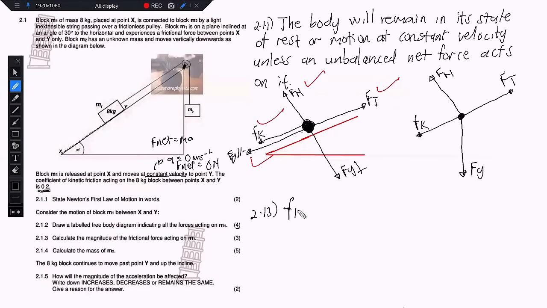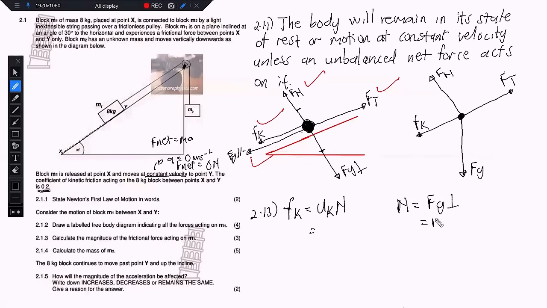So we know the formula is Fk equals mu k multiplied by N. Now with this free body diagram here, we can clearly see that our normal force is equal to the Fg perpendicular. So you see the first advantage of having to resolve your components. Now I can make a mental note to say, okay, N is equal to Fg perpendicular.